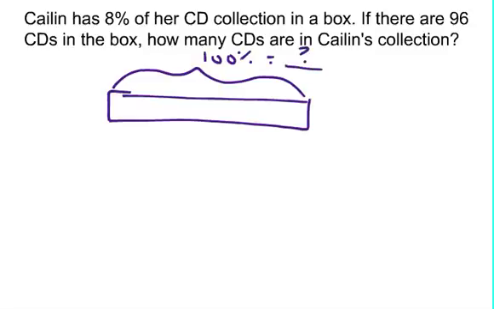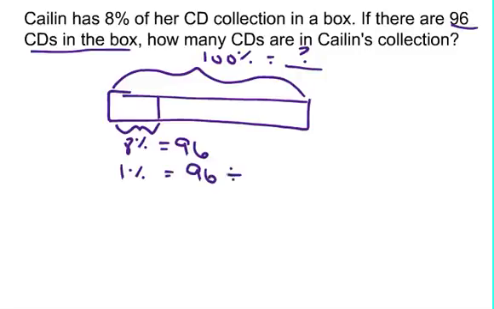But we do know that Kaylin has 8% of her CD collection in a box, and that 8% is 96, because it says there are 96 CDs in the box. We can use this 8% equals 96 to find out what 1% would equal. We can find the 1% by taking 96 and dividing it by the 8%, and we would get 12.